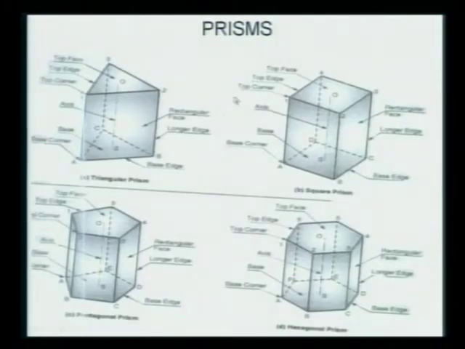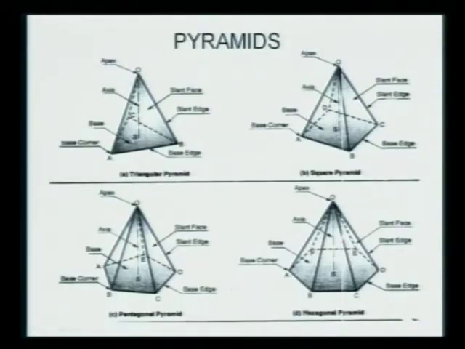See, in prisms, just take one look again. The top and base are similar, and the prism has edges which are clearly visible. In pyramids, there are different types of polygons at the base and they are joined together at the apex. These slant edges are clearly visible in the case of a pyramid.